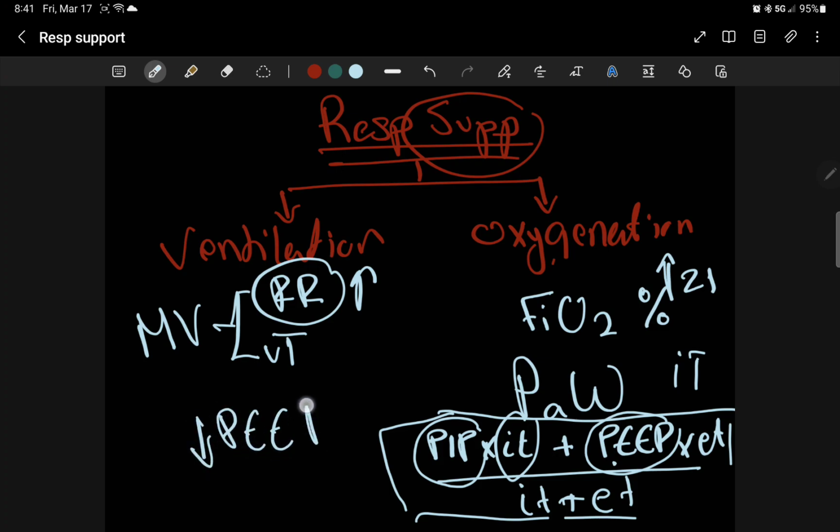And honestly, the whole way that I was driven to understand all of this is this question. I asked one of my attendings to explain it to me: why, if I decrease the PEEP, the positive end expiratory pressure, would I help the ventilation? Okay, which brings me to this point.